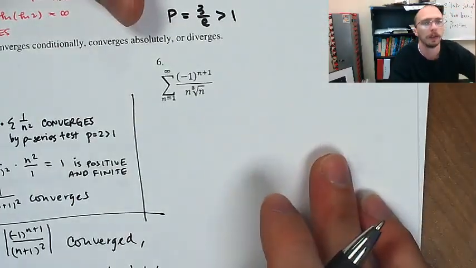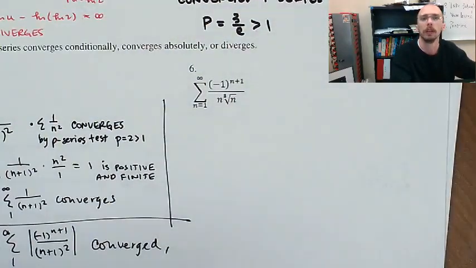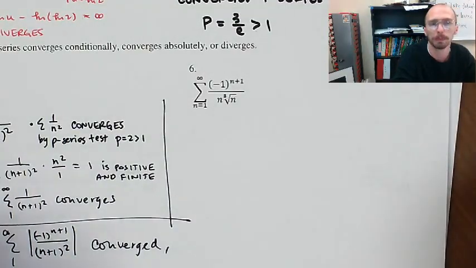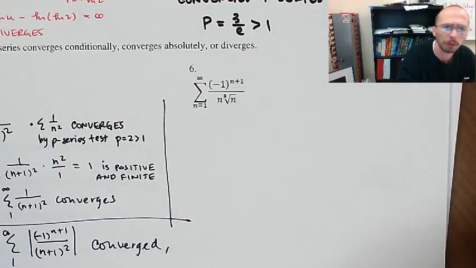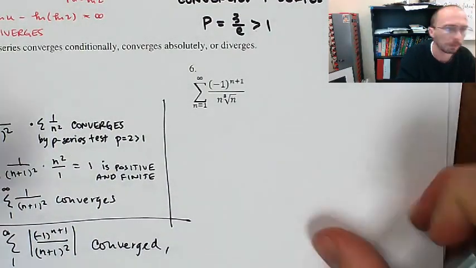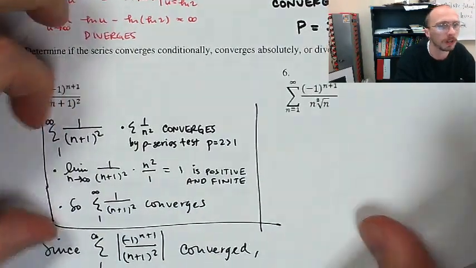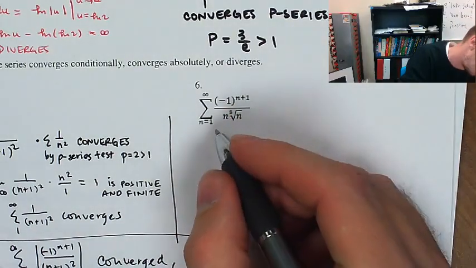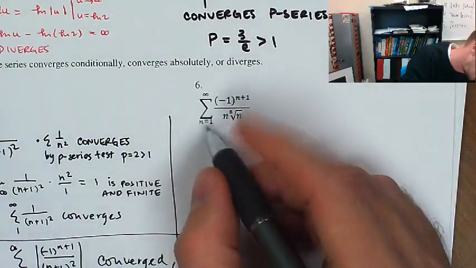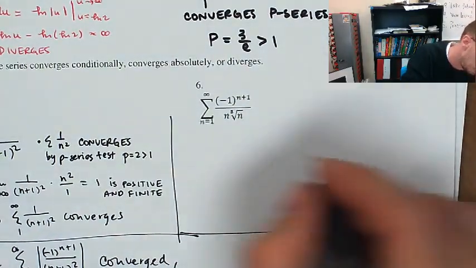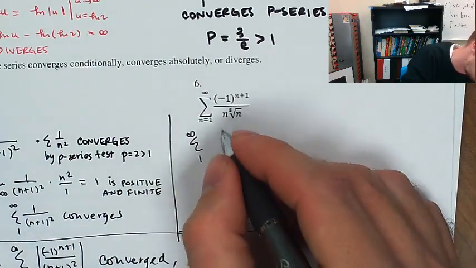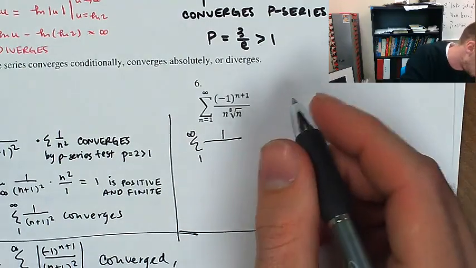All right. Now this one. This one will be a little easier because when I strip the alternating part out of it, I'll be left with a p-series, and it won't be too hard to show that it's going to be converging. I won't have to go through the whole rigmarole for limit comparison. So let's look at the series that's related but not alternating: 1 over n times, I have to assume that's a cube root of n.